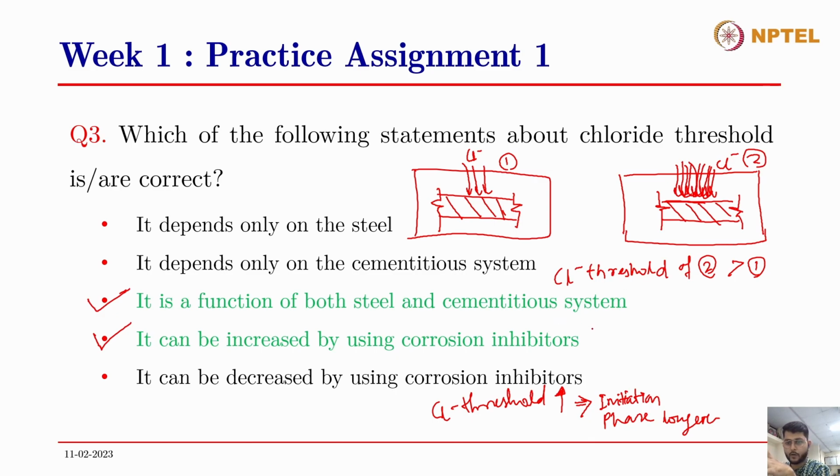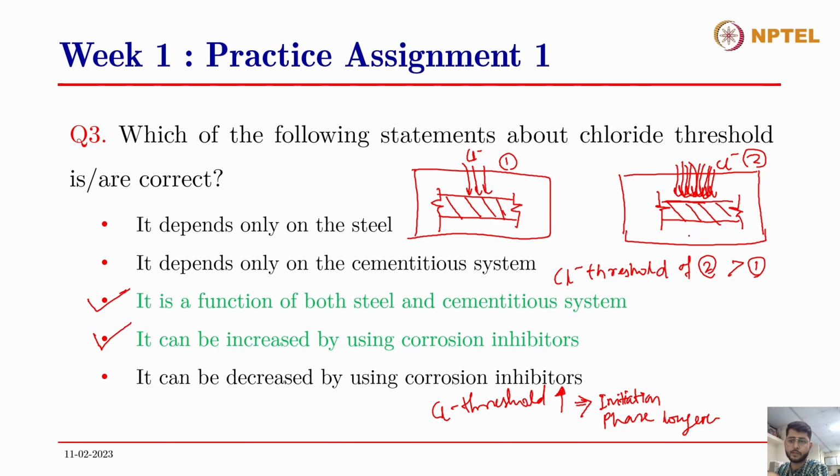So that is about chloride threshold. It not only depends on the type of steel. Of course, there are certain steel types in which the chloride threshold is high compared to others. For steel with higher carbon content, the chloride threshold is low. For stainless steel, which has different kinds of alloys, the chloride threshold is high.